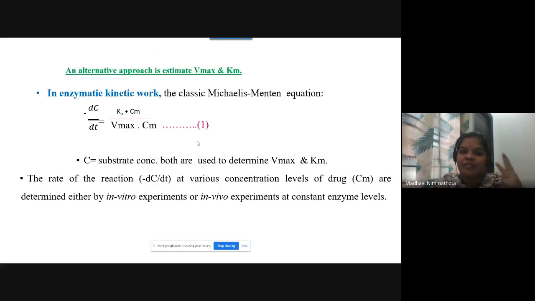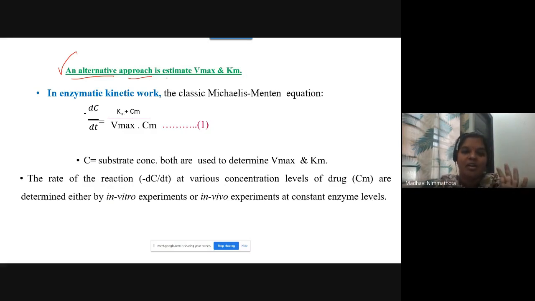By the three different situations, we will get three different equations. That is one part under the Michaelis-Menten equation. And then you have one more alternative approach, which is also used to estimate Vmax and Km. So whenever they ask you to write the Michaelis-Menten equation, you have to write up to this mark, including these points also.